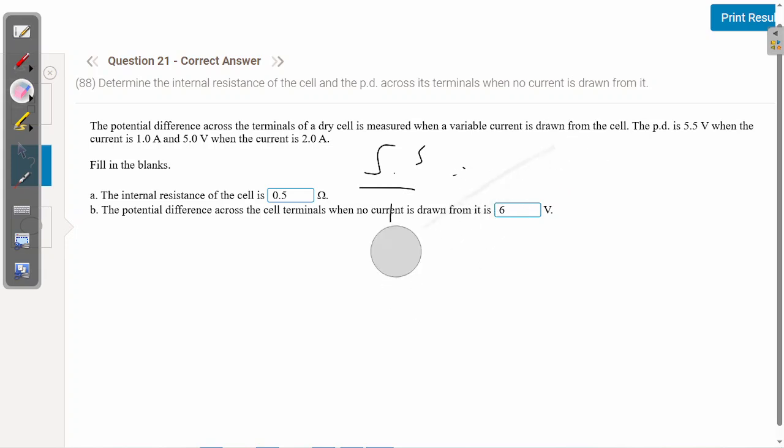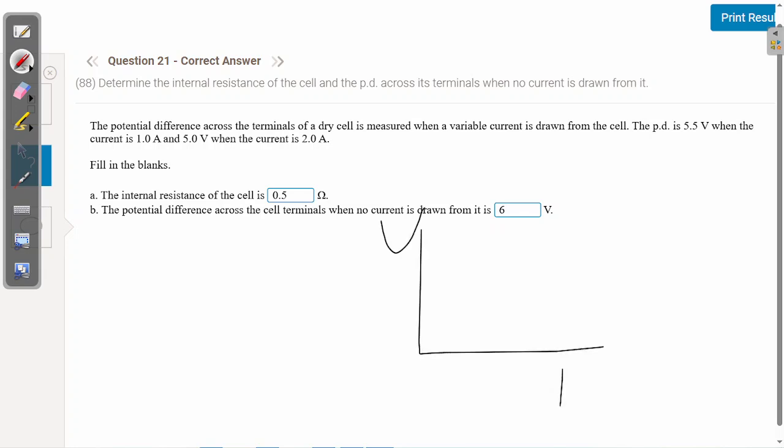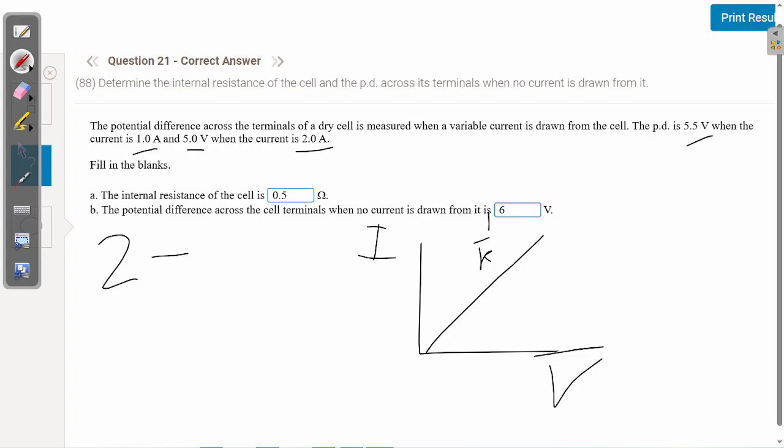So what you have to do is imagine the IV line, my bad. And it's a straight line. The slope will be 1 over R. So we find the slope of this line. So 1, 2, 5, 5.5. So do 2 minus 1 over 5 minus 5.5.